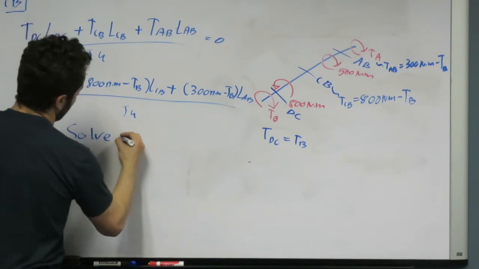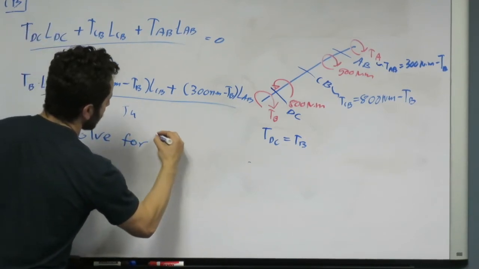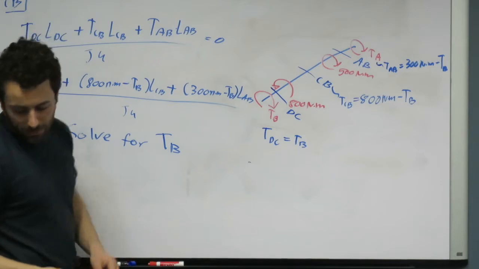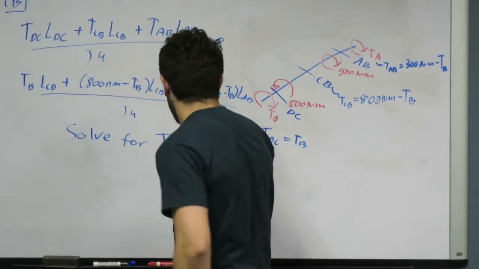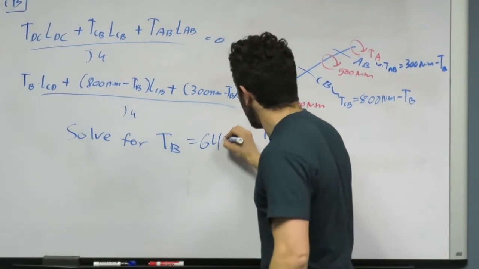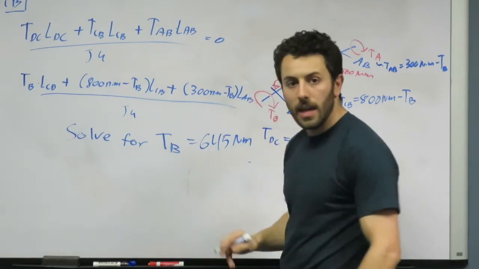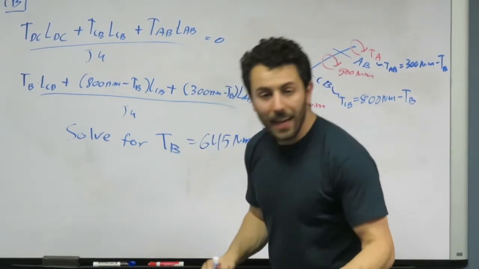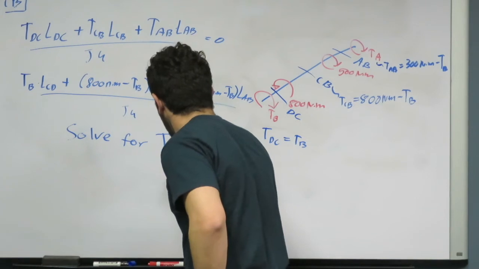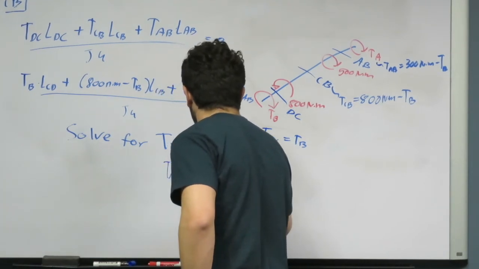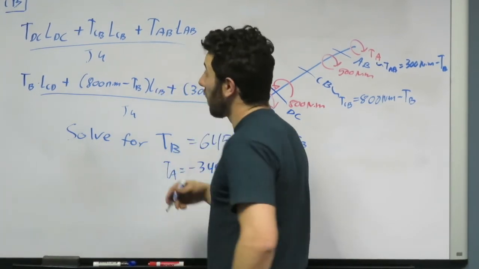I'm not going to do that because I don't have the room. Solve for TB, and ultimately the answer, TB is 645 newton meters, and TA ultimately becomes a negative 345 newton meters.